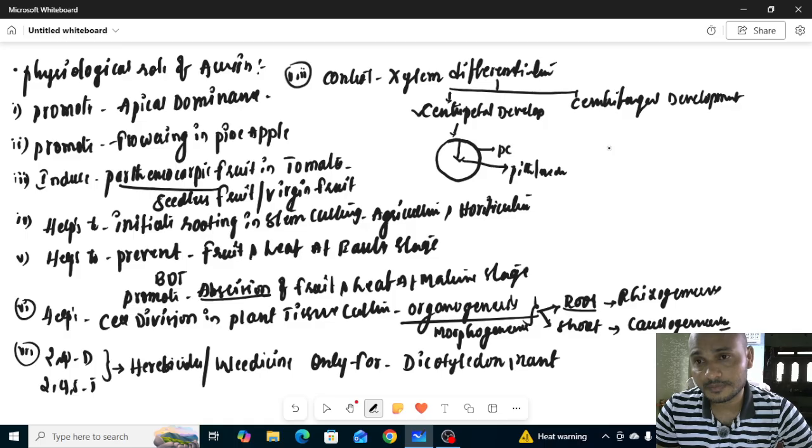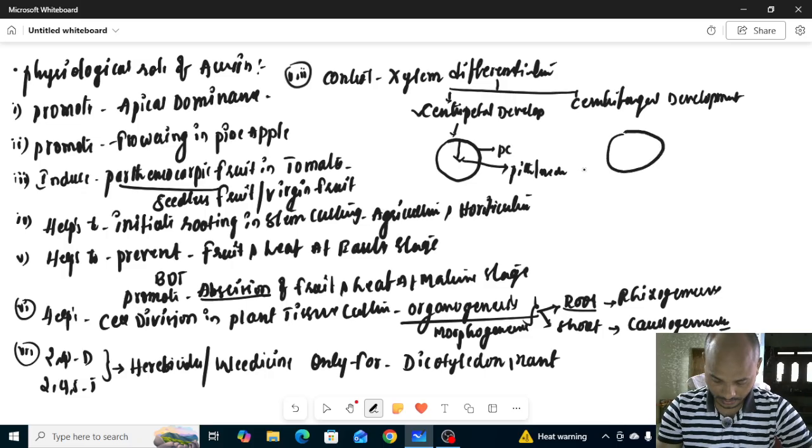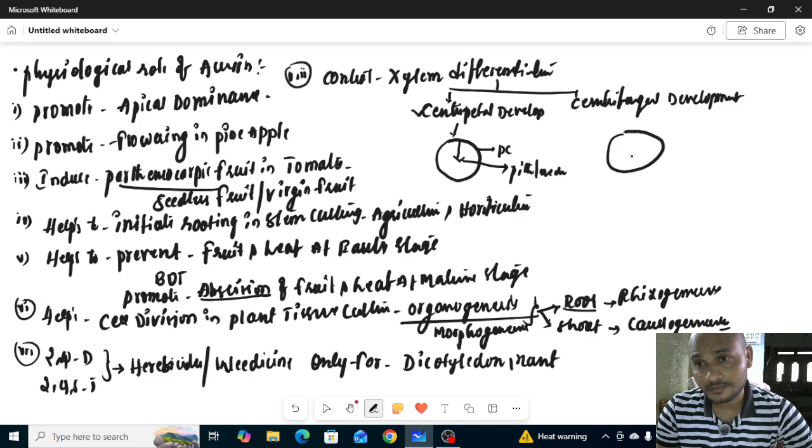If the development of xylem, or xylem differentiation or maturation, progresses from pith towards pericycle, for example, if xylem maturation is taking place from the center, the pith, towards pericycle, this type of development is called centrifugal development.